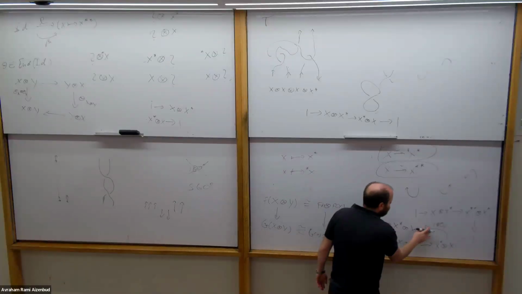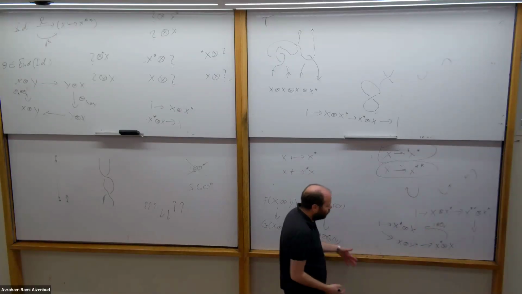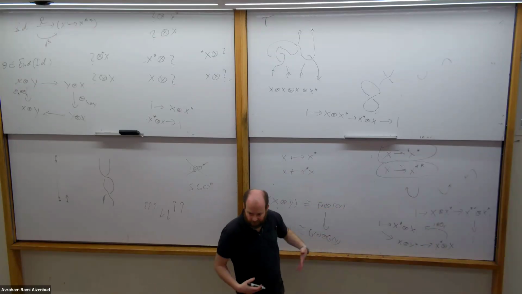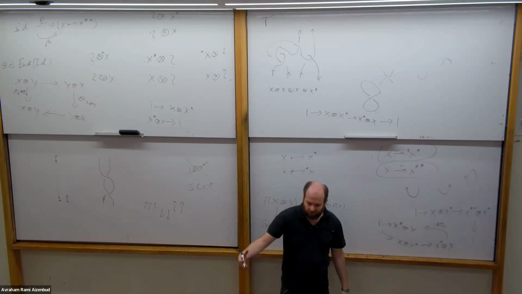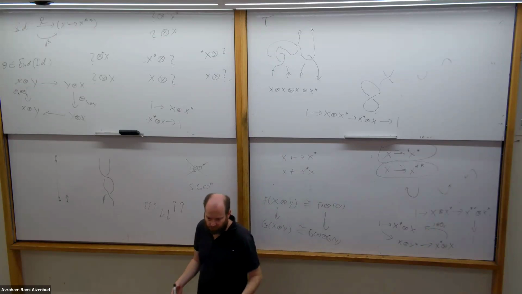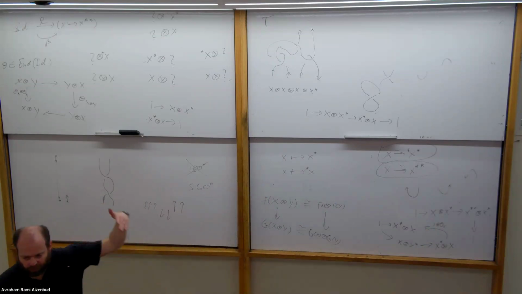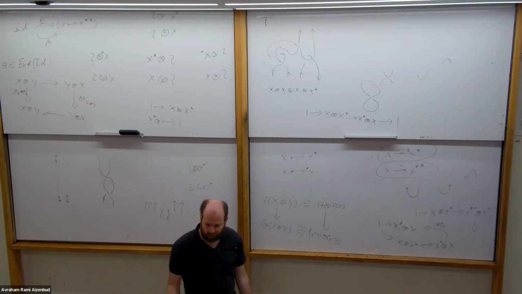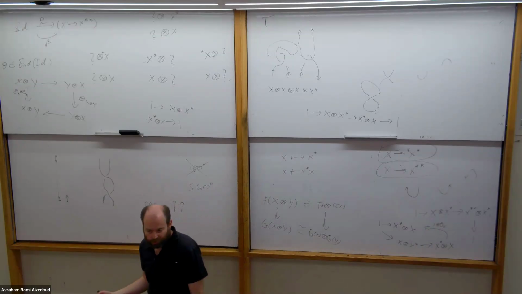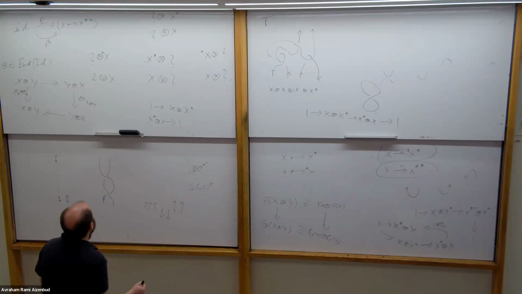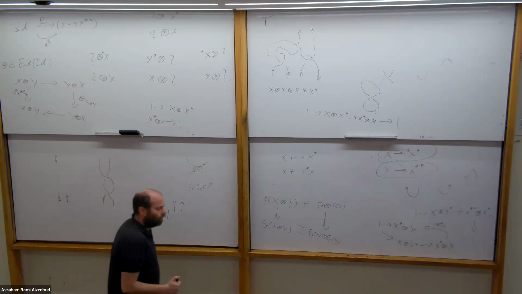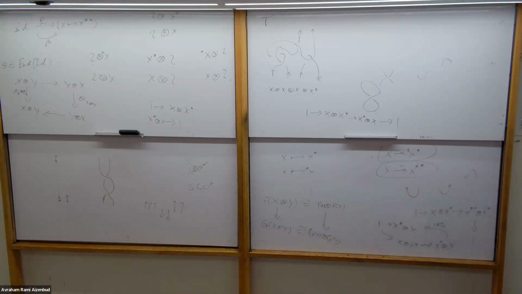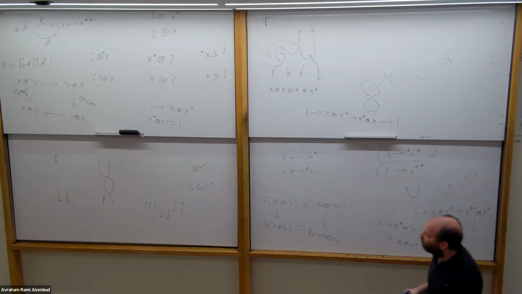You need to choose some convention, and then for each diagram you will get a map between the power of x downstairs and the power of x upstairs. But now we want to show that if two diagrams are topologically equivalent, then they give the same map. And this is not correct. The simplest example where it's not correct is this one.